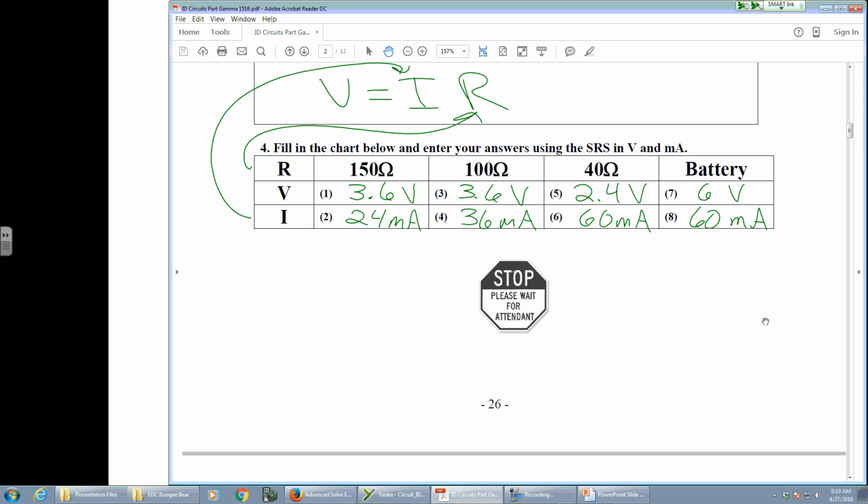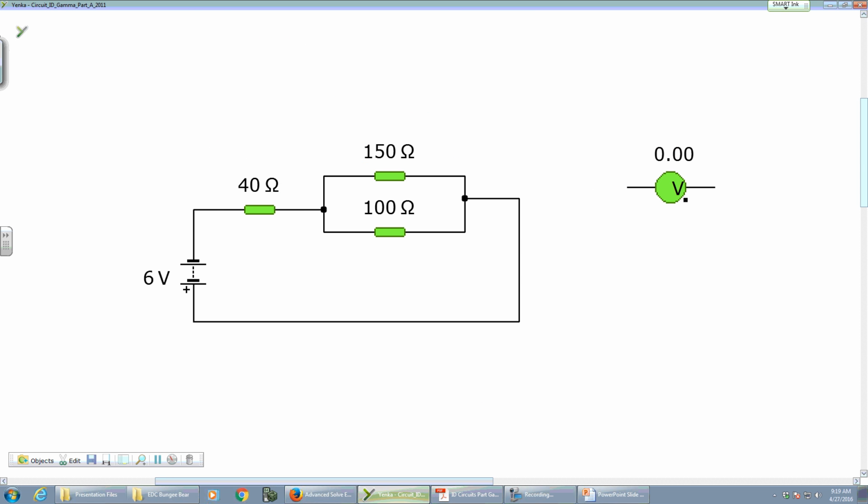And the way you would check these is we'd go back to the simulation and we put a voltmeter over them. So let's see if it doesn't come out to be 3.6. It does. All right. In this part, we'll work with the virtual circuit.